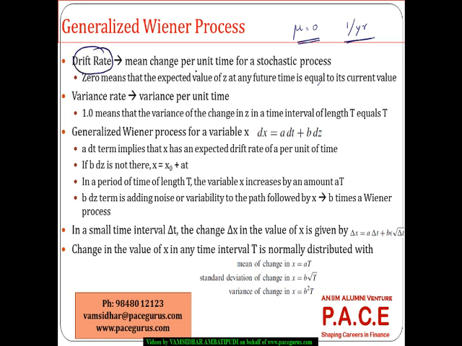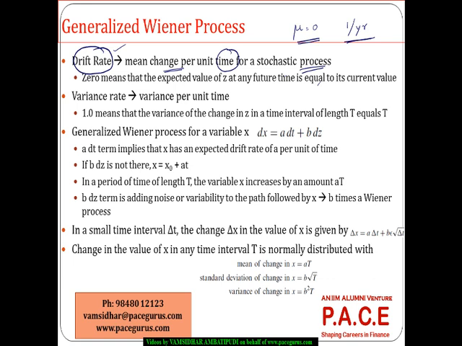One is the drift rate, which is the mean change per unit time for a stochastic process. It's not 0 now. In a standard Wiener process, a standard Brownian motion, the mean is 0. But if it is non-zero, we say it is a drift, a mean change per unit time for a stochastic process.